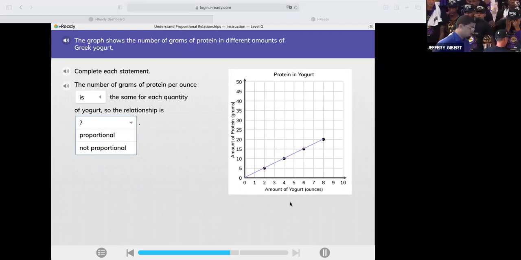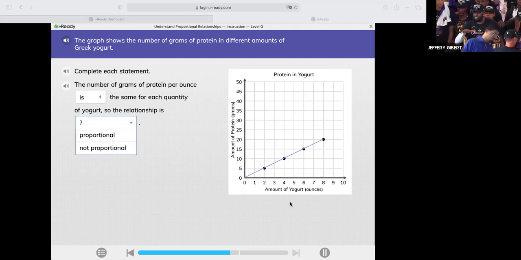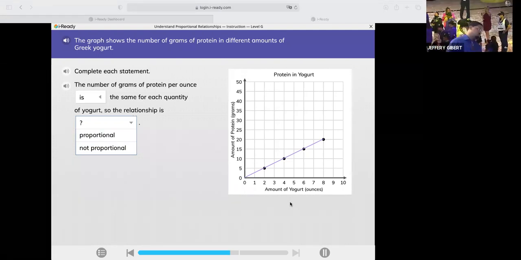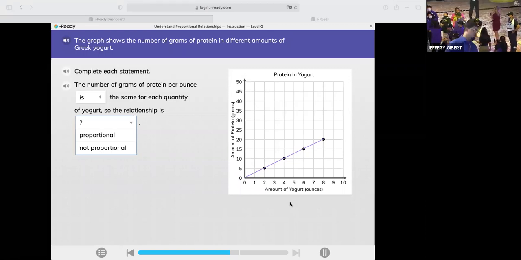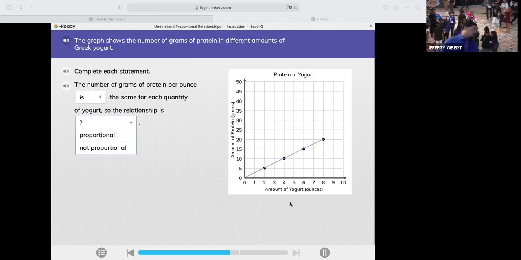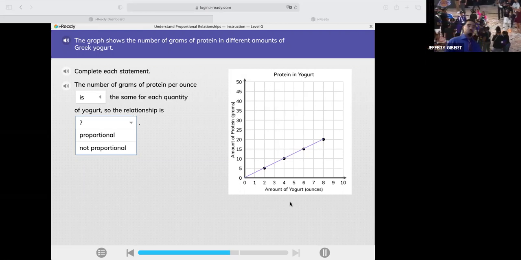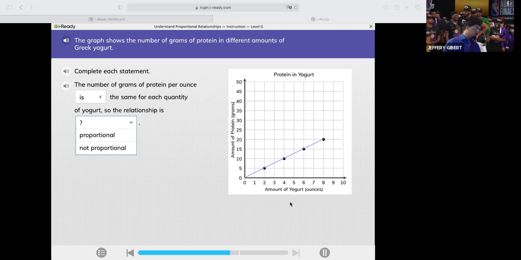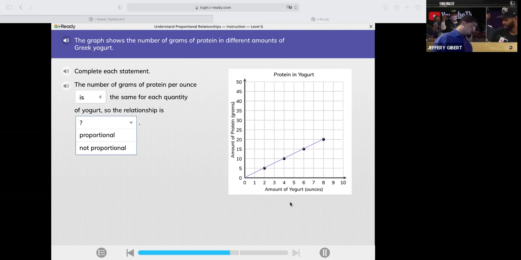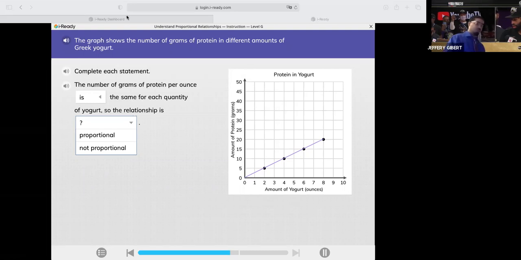So is it proportional or not proportional? All right, well, this one is proportional because it's a straight line that goes through the origin.